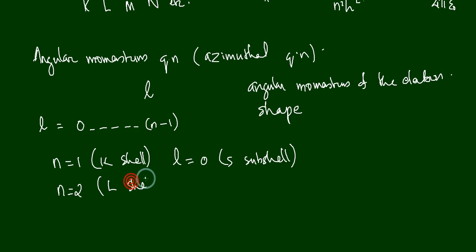Then L can have the minimum value 0 and the maximum value n minus 1, which is 2 minus 1, that is 1. So L can have the values 0 and 1. Here L equal to 0 represents S subshell, and L equal to 1 represents P subshell.